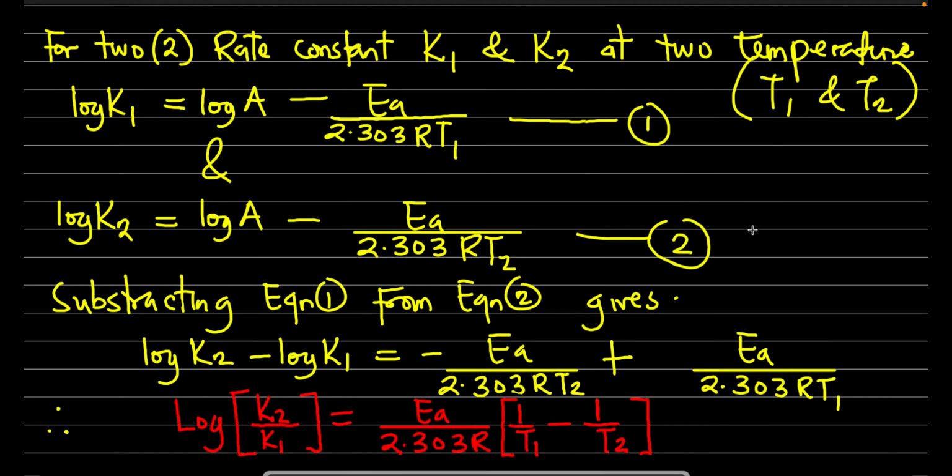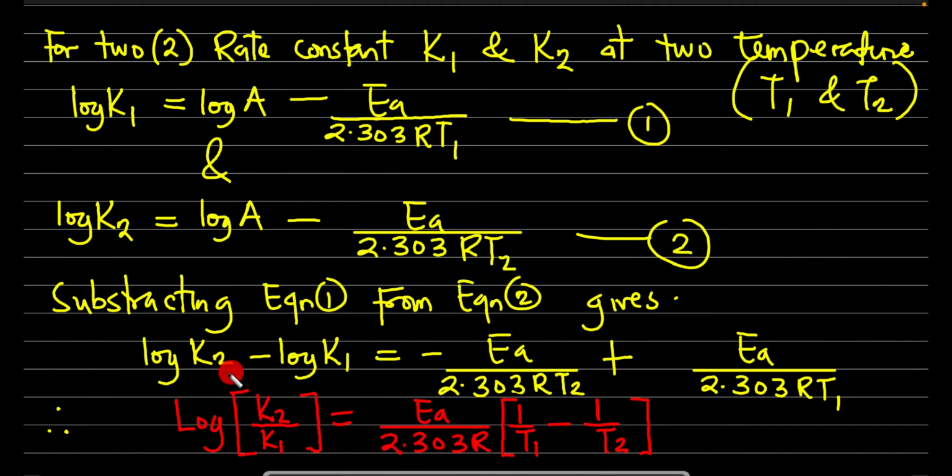That plus is because of minus minus. So that's how we got that plus there. Then you rearrange: this comes over to this side, this comes over to this side.